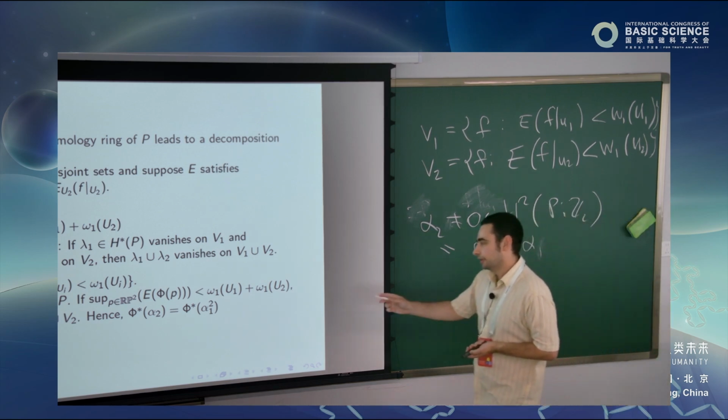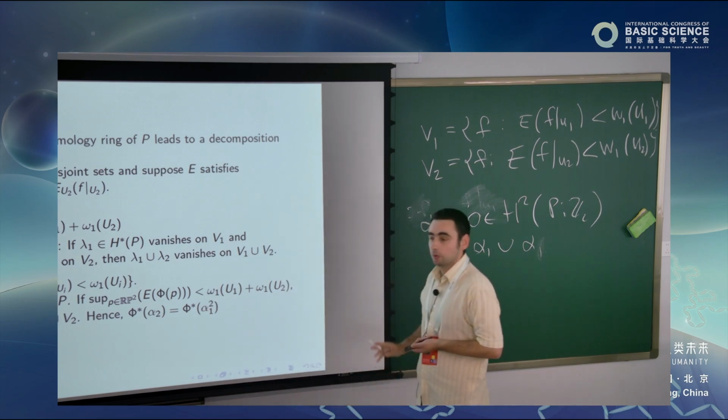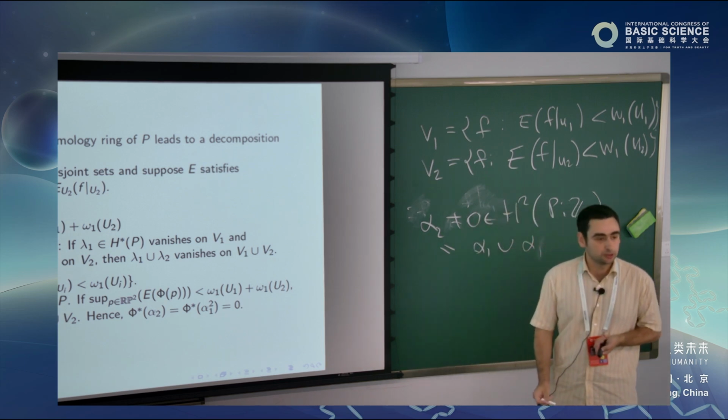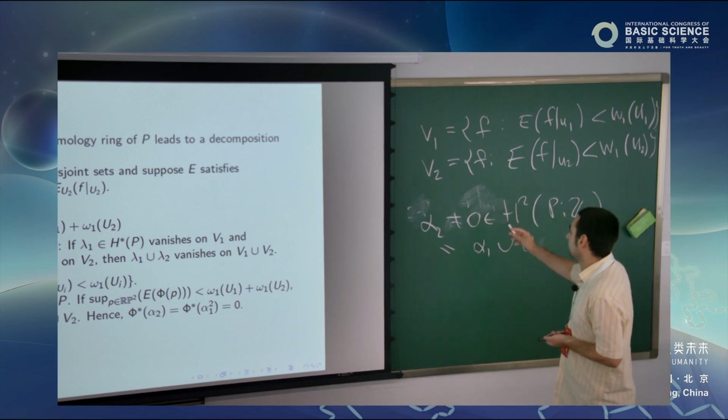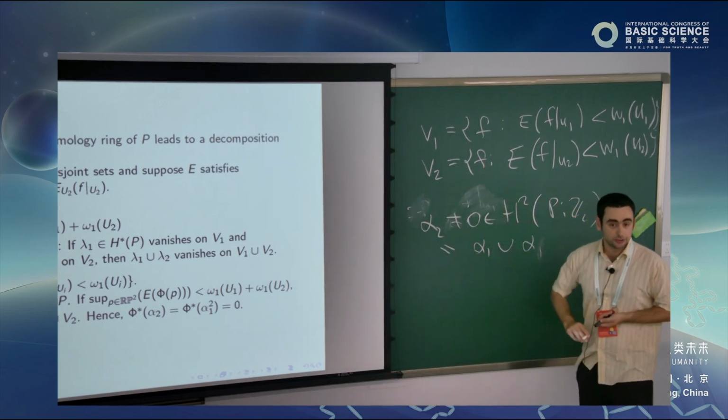And so therefore, the pullback of this cohomology class is the same thing as the pullback of the product. We're using the cohomology structure of RP infinity, and that will have to be 0 because alpha 1 vanishes on V1 and V2.